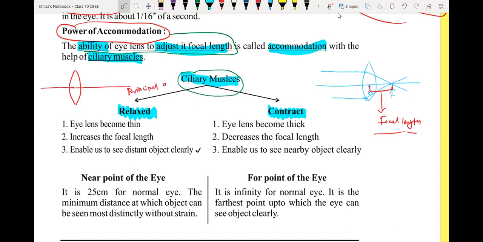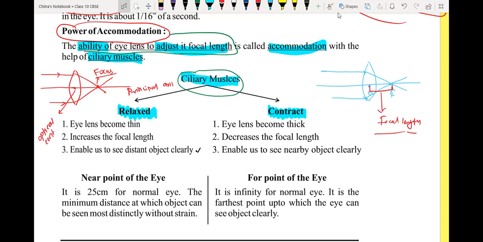When light rays are incident on the lens parallel to the principal axis, after refraction they meet at the same point on the principal axis. That point is called the focus or principal focus. The center of the lens is called the optical center.